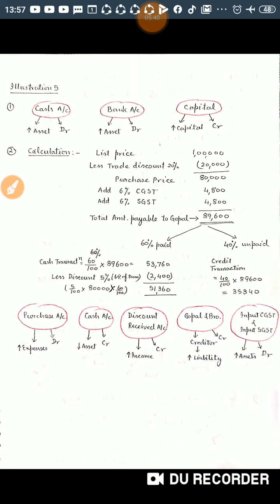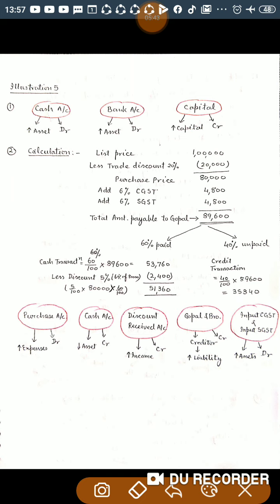First of all, we will calculate the actual amount we have paid. 60% of 89,600 is 53,760, and on this amount we have received discount. 5% of 60% of the purchase price 80,000: 5 upon 100 multiplied by 80,000 multiplied by 60 upon 100. So this amount is 2,400.